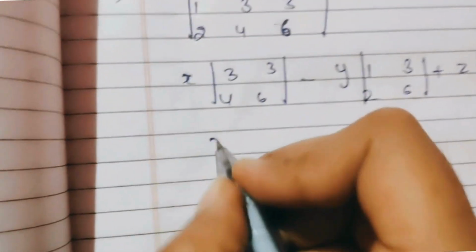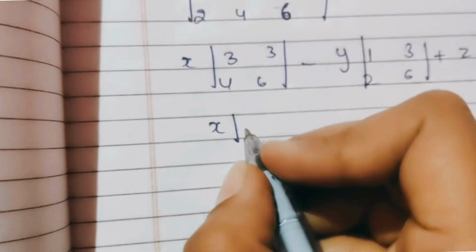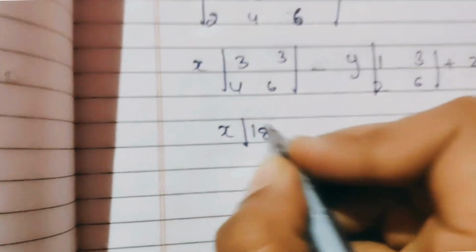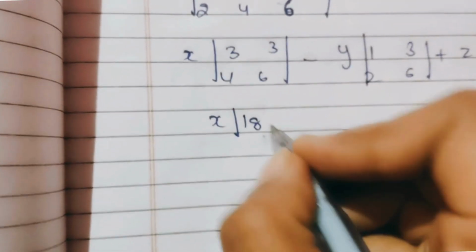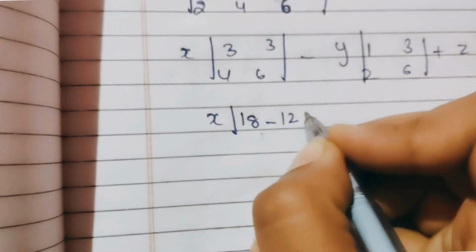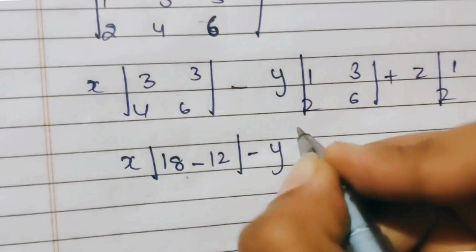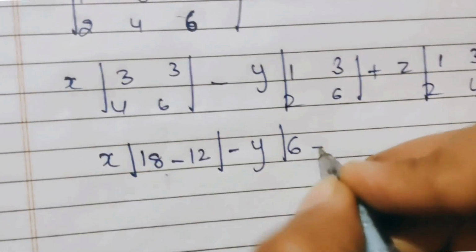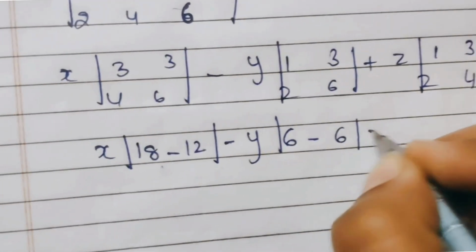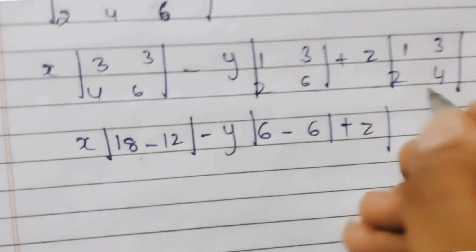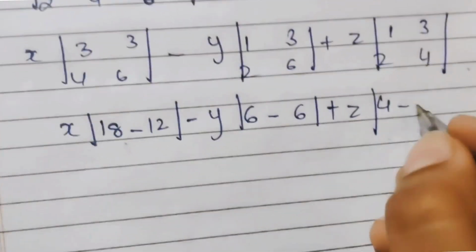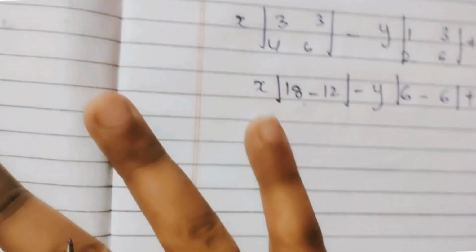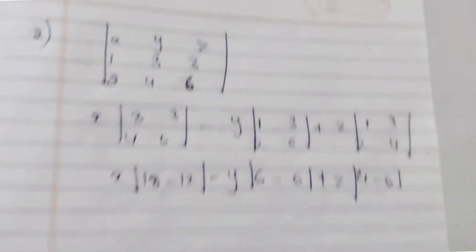Now let's solve this one. X times (3 times 6 is 18, minus 4 times 3 is 12), minus y times (1 times 6 is 6, minus 2 times 3 is 6, so 6 minus 6 is 0), plus z times (1 multiplied by 4 is 4, minus 2 times 3 is 6). Let's solve this.